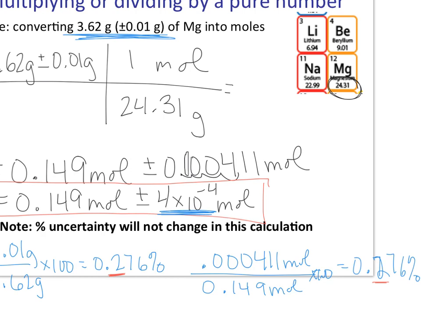So if you're going to be doing a lot of conversions and then multiplying your numbers, maybe it's easier to turn it into a percent uncertainty first, because then your percents aren't going to be changing. So for instance, if you were going to be doing a PV equals nRT gas law problem, a lot of the times you need to convert pressure from atmospheres into, say, millimeters of mercury, and volume from milliliters into liters, and temperature from Celsius into Kelvin.